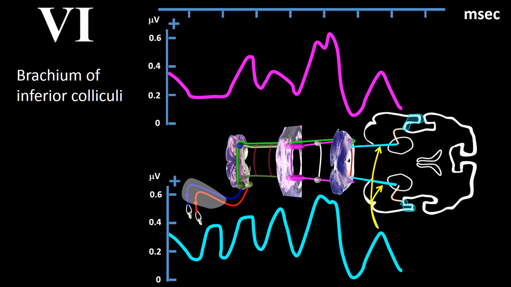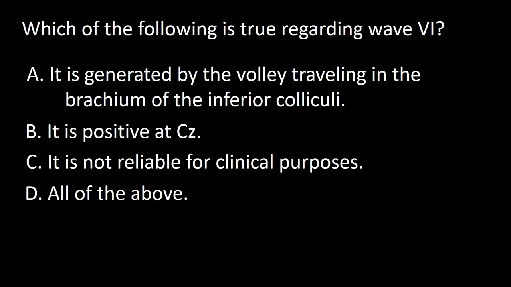Wave 6 is generated by the brachium of the inferior colliculi. It is positive at CC, and as probably you know, this wave is not used clinically because it's very variable. So the answer to this question is D.